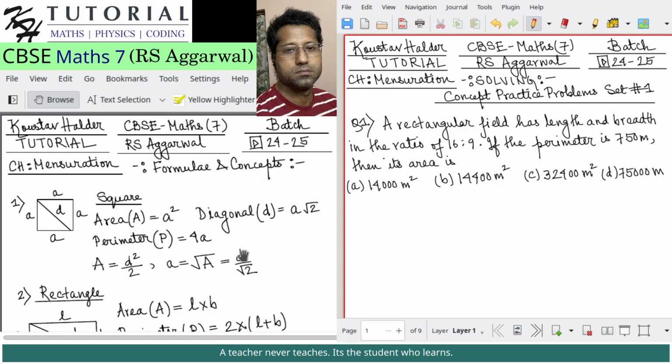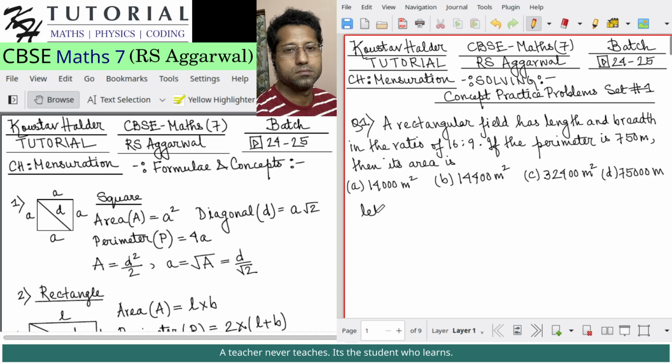Question number 1 says a rectangular field has length and breadth in the ratio 16:9. If the perimeter is 750 meter, then its area is. Okay, so the ratio of length and breadth is given 16:9. So we will apply the concept of solving problems on ratio and proportion.